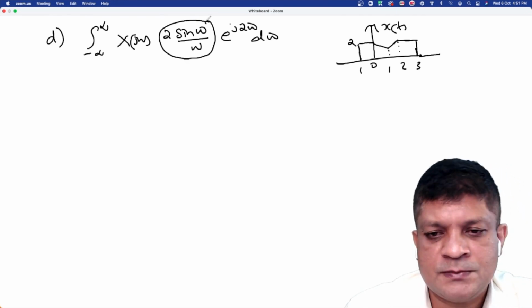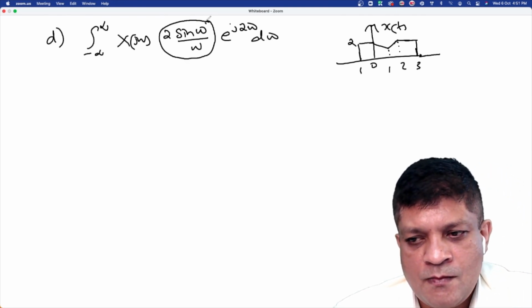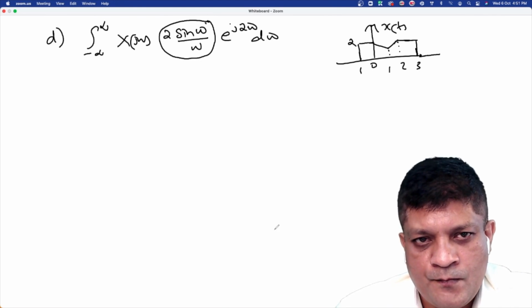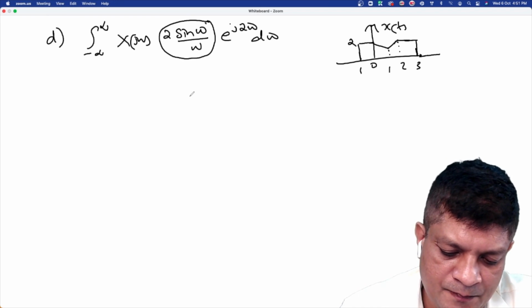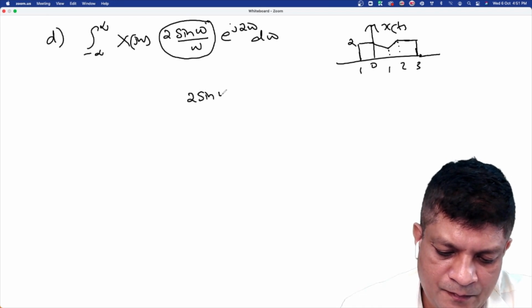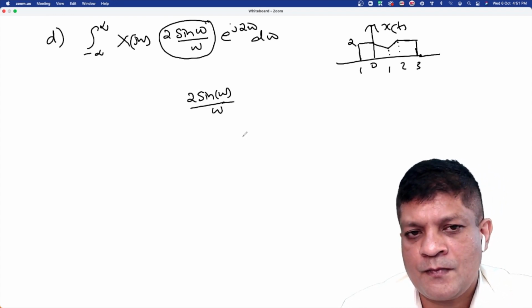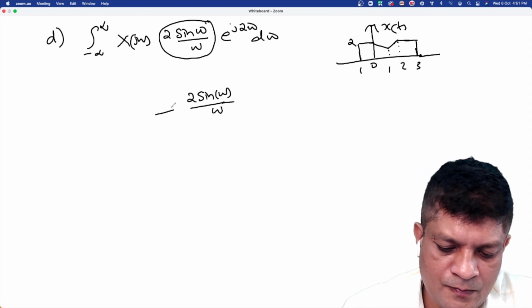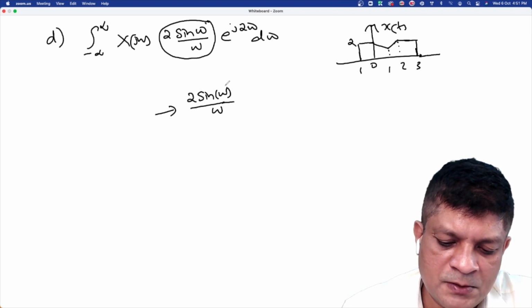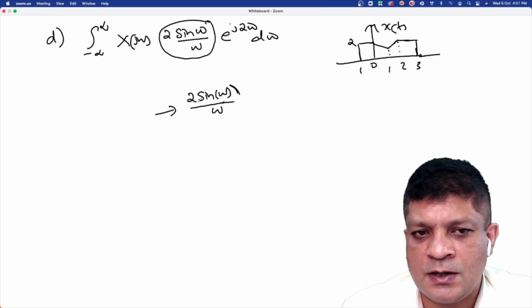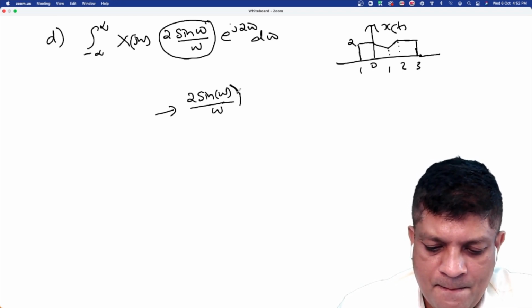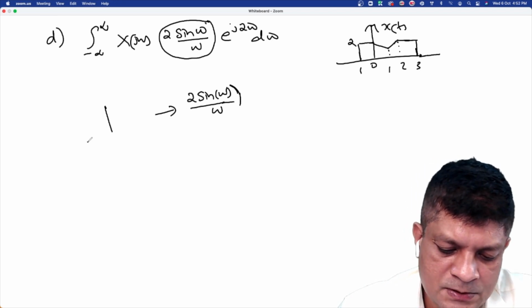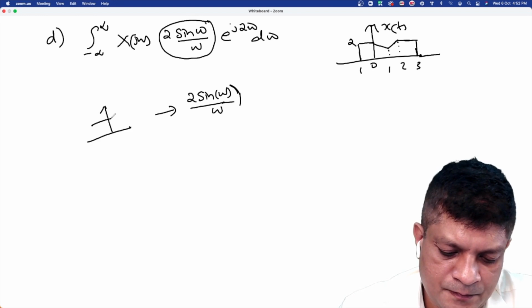Is this in some standard form? 2 sin omega by omega. It is a Fourier transform. If this is the Fourier transform of some signal, then what is the signal? It is a rect function.